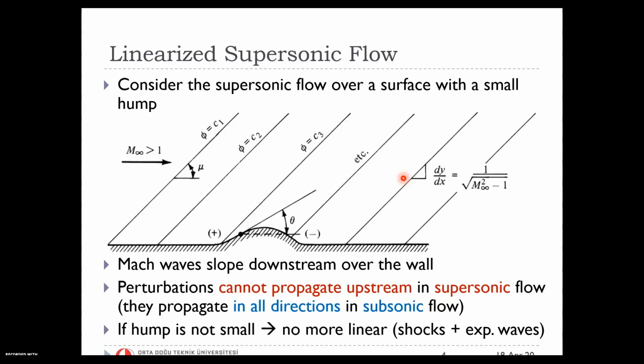If the hump is not small, you don't have a linear solution, but you will have a shock wave and an expansion wave on the front and back sides of the hump on the wall.